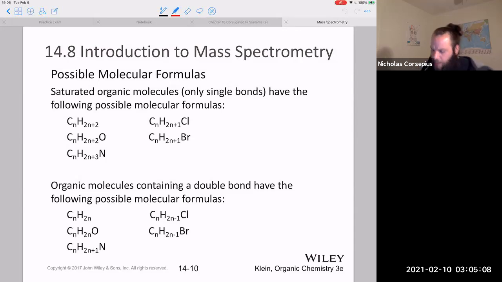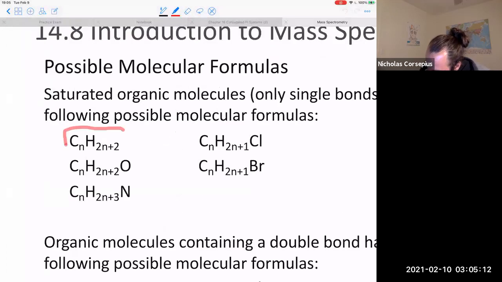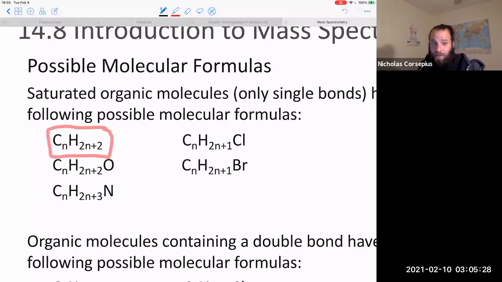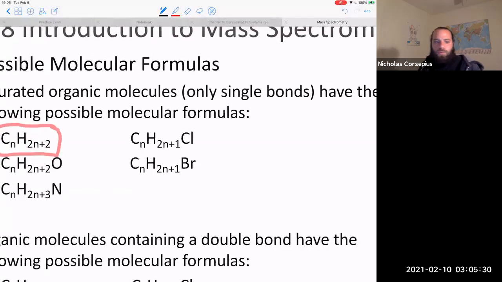For saturated compounds, let's just talk about saturated hydrocarbons real quick. They will always have a molecular formula pattern where, if you have N carbons, then you have 2N plus 2 hydrogens. That might not seem like much information, but you can rule out a lot.